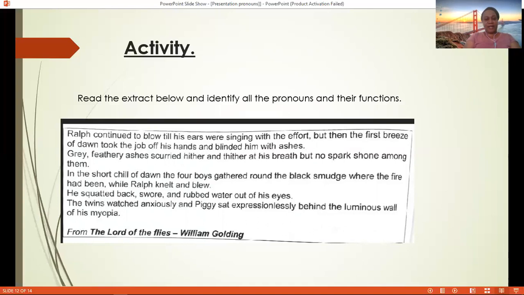Look at each paragraph, see how many pronouns you can identify. It's an easy activity. And what are the functions?